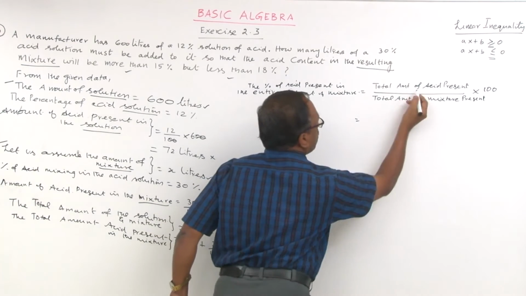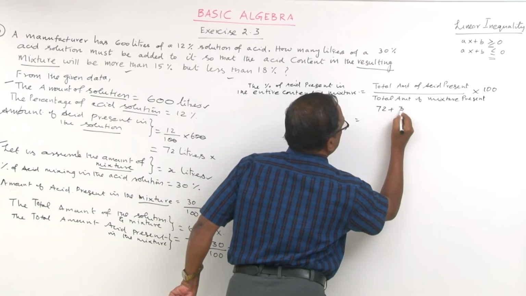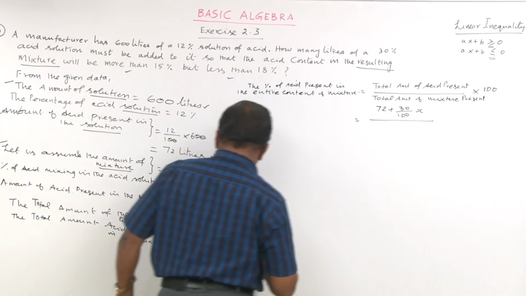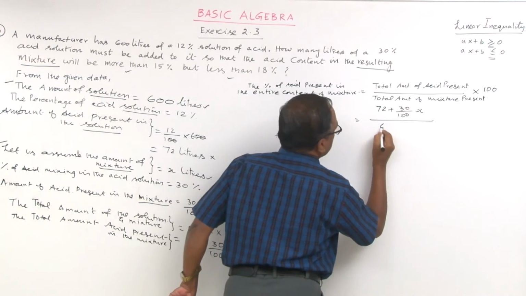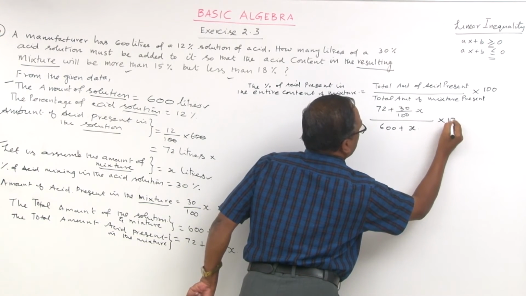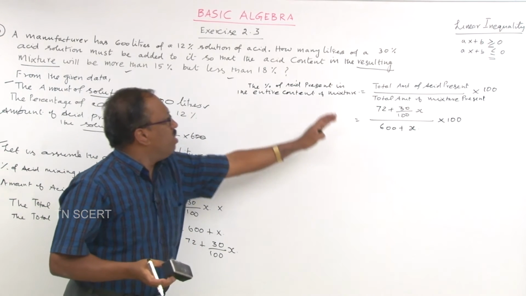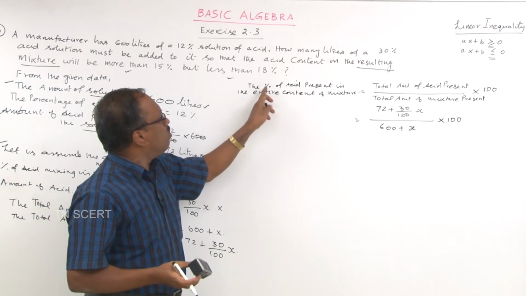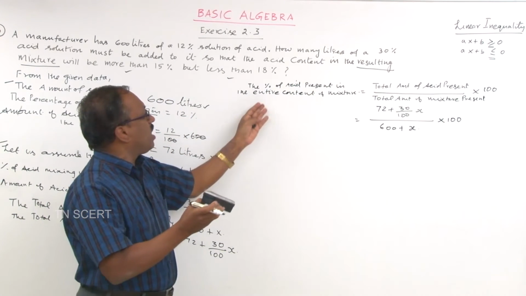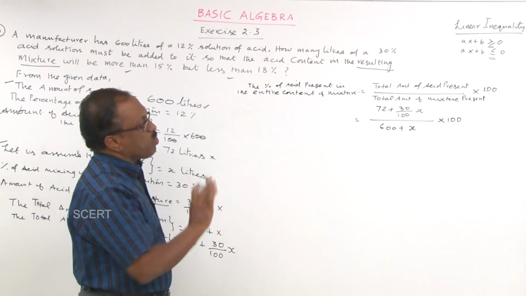So the total amount of acid present is 72 plus 30 by 100 x, whole divided by 600 plus x, into 100. So in this way we got the solution for the percentage of acid present in the entire content, the total content of the mixture. But with this the problem is not over.